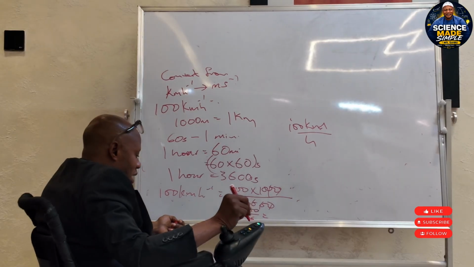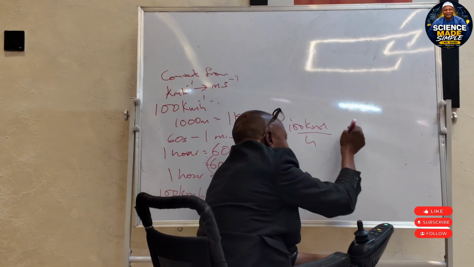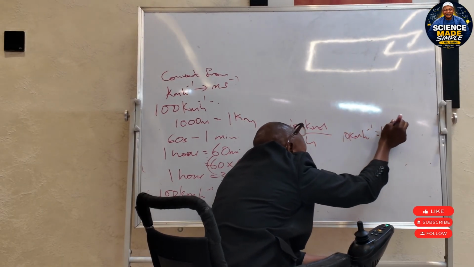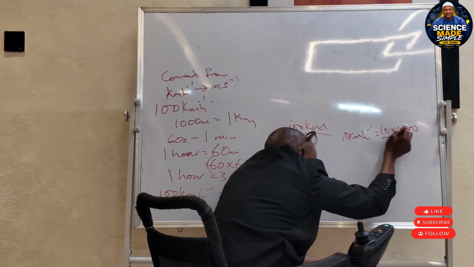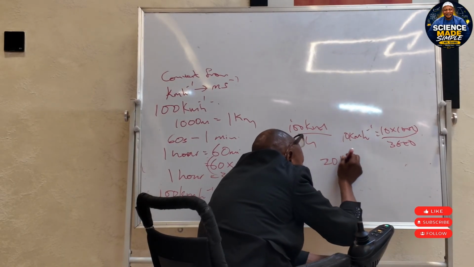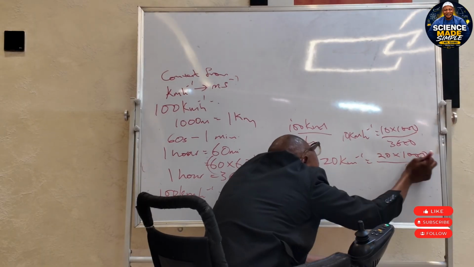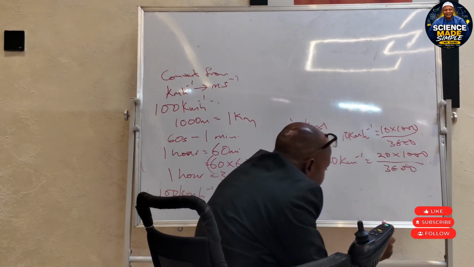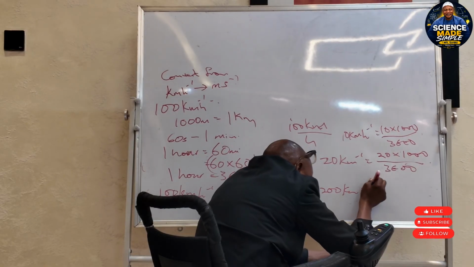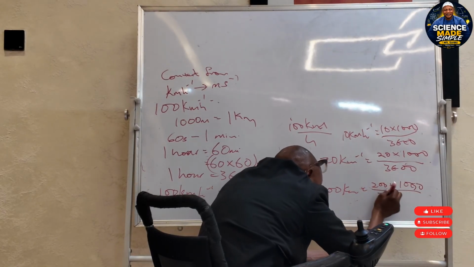What you just need in essence is to multiply the value by 1000 and divide it by 3600. 10 kilometer per hour is equal to 10 times 1000 divided by 3600. 20 kilometer per hour will be 20 times 1000 divided by 3600. 200 kilometer per hour will be 200 times 1000 divided by 3600.